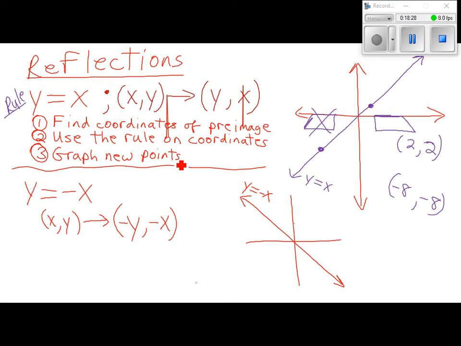Same thing when we get to the rotations, you got to use the rule. You got to find the coordinates of the first one and write them down. So if we're doing a problem, and it gives you a graph with this rectangle here, the first thing you want to do is find the coordinates of each of those.